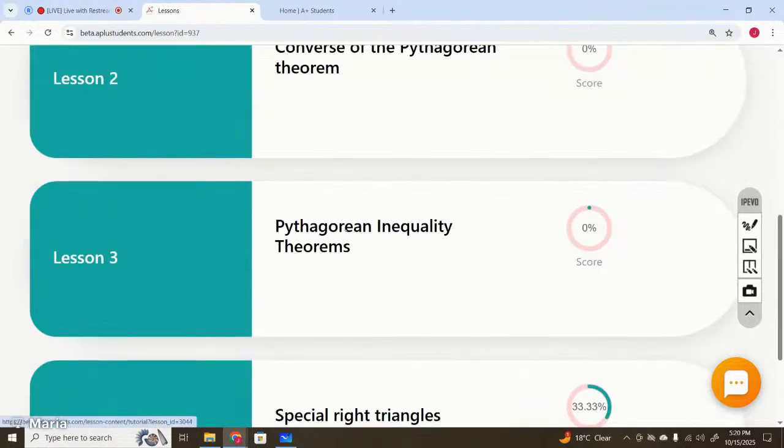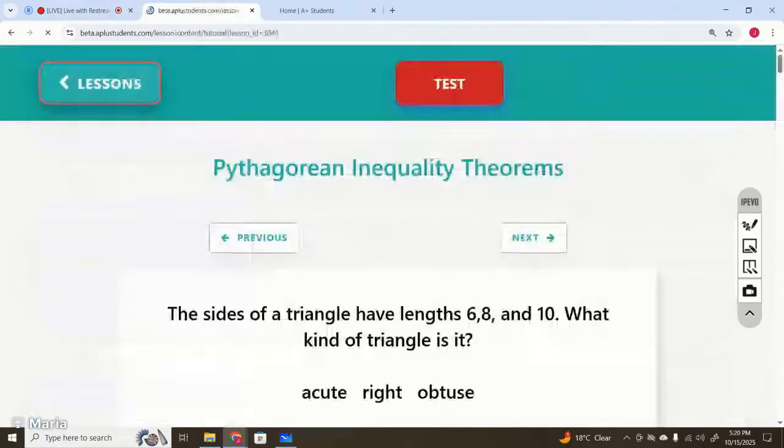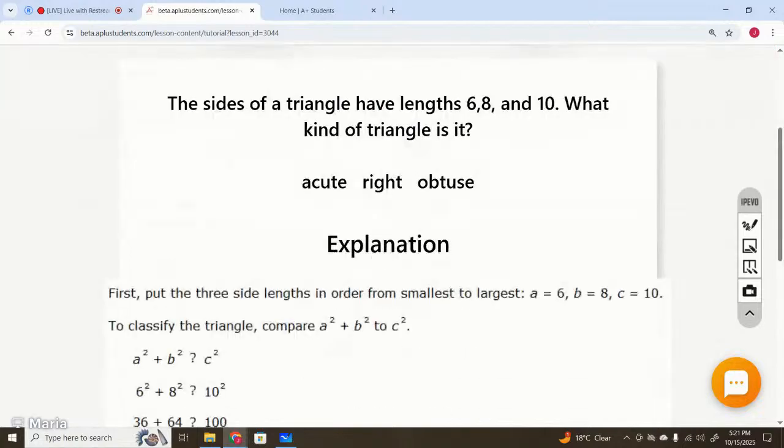The next lesson is the converse of the Pythagorean theorem. The sides of a triangle have the lengths 6, 8, and 10.